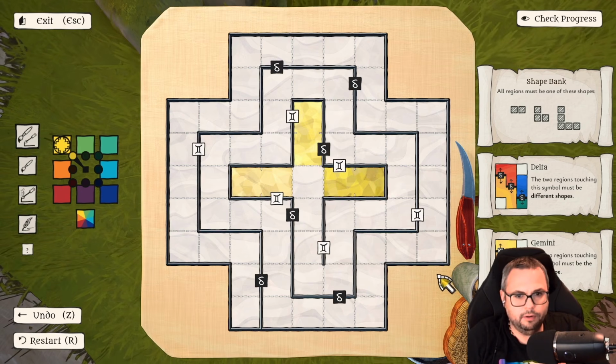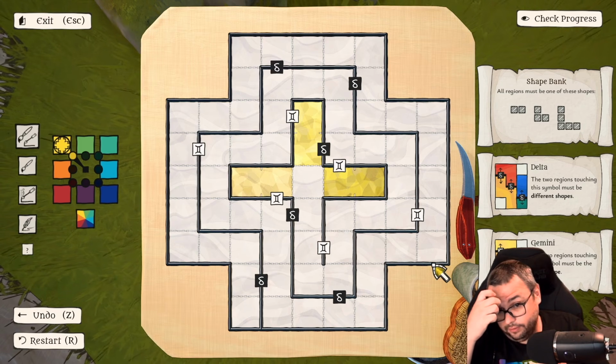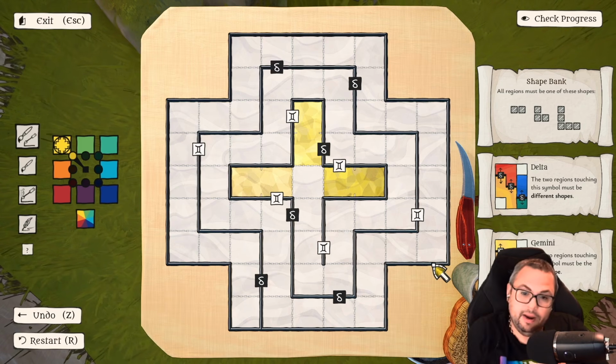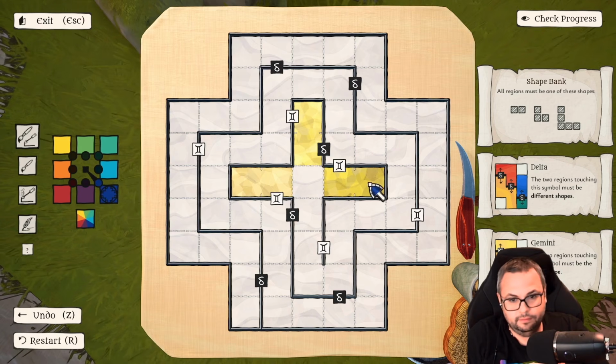Okay, those are all part of something, a domino or a V. However, these two are definitely different because of the fact that one of them is the same as this one and one of them is different from this one.